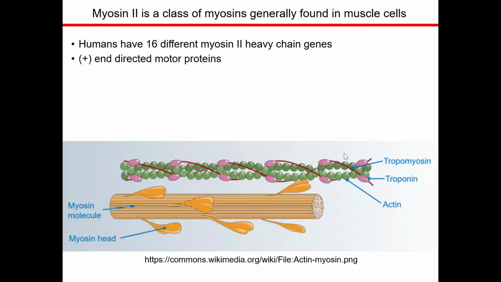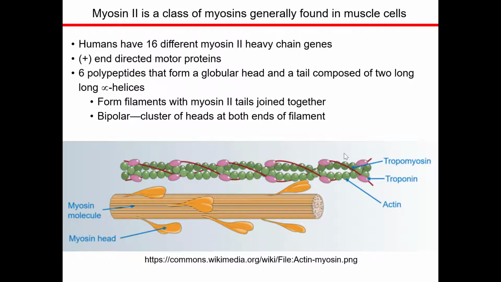The myosin structure is such that, again, they are plus end directed motor proteins for the most part. The myosin 2s are all plus end directed. They have 6 polypeptides, so they are a protein made from 6 polypeptide chains. They have these globular heads, and you can see there are 2 of those head pieces. So we have this globular head, and there's a tail, and that tail is composed of 2 long alpha helices wound together.